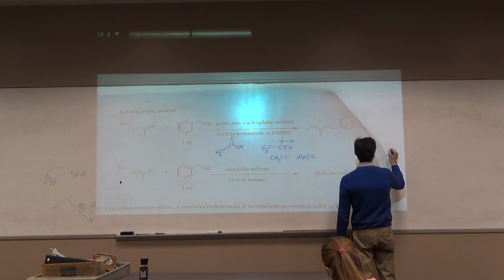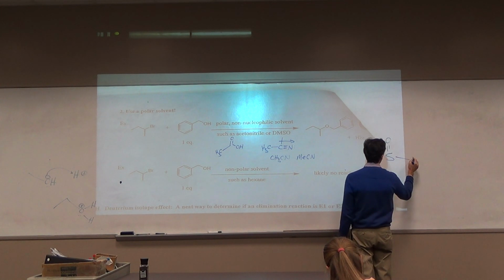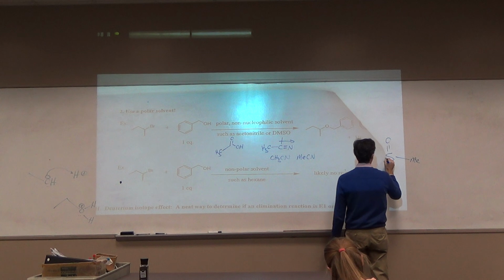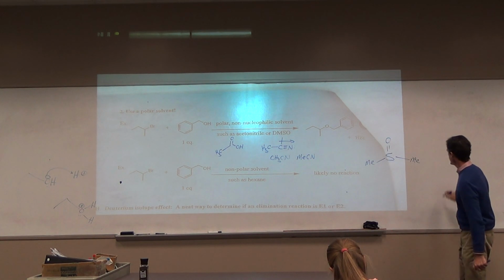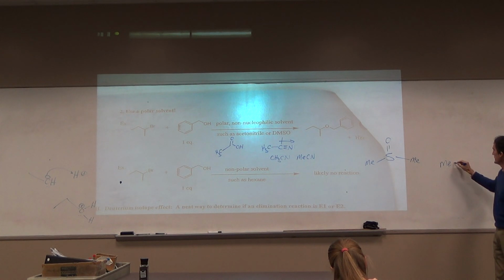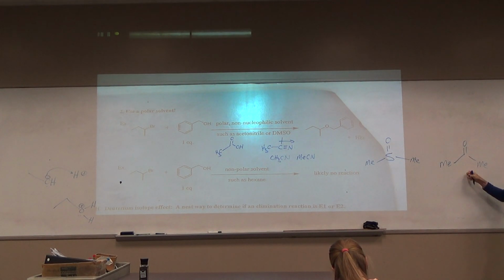A sulfoxide is an SO, and it's dimethyl. It's actually analogous to this compound. Carbon here, carbonyl instead of the sulfoxide. What's the name of this compound? Ketone.